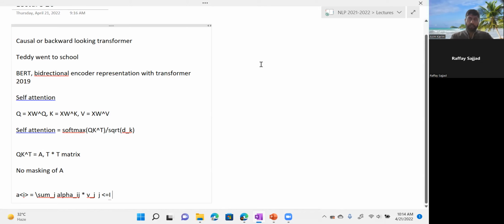Now there is no such restriction. In other words, the output at any particular position is based on self-attention from all other words in the context, in the sentence, in the passage that is inputted, including the preceding words as well as the following words. So this is essentially the bidirectional encoder.